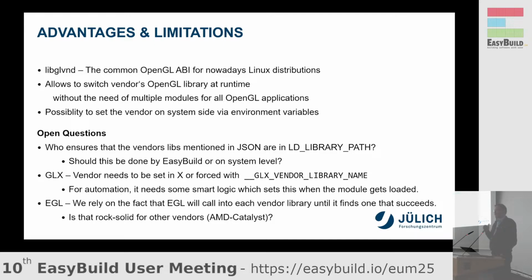So if there's no NVIDIA card and EGL, or the dispatch library, tries to load that vendor library, it will get a failure and then drop to the next one, Mesa. I'd like to know if that's the same for AMD. If there is any case of using AMD Catalyst, I don't know.